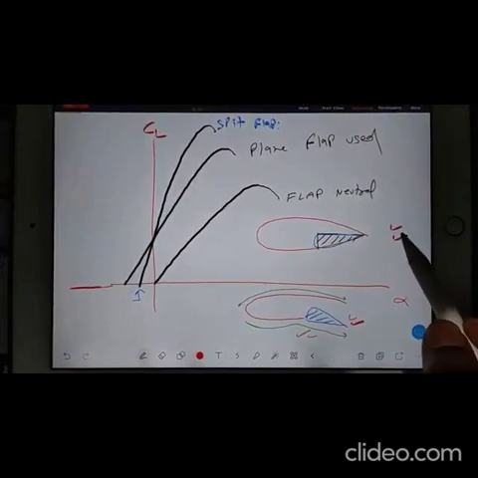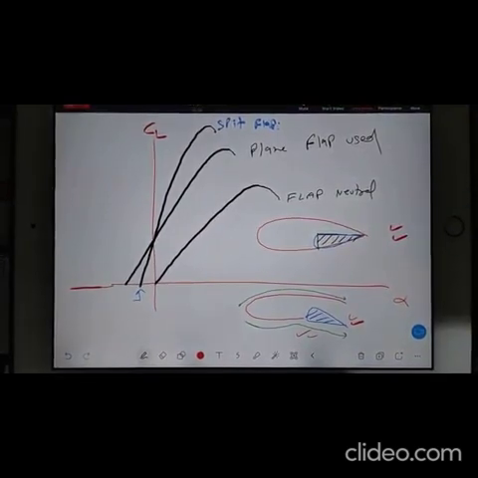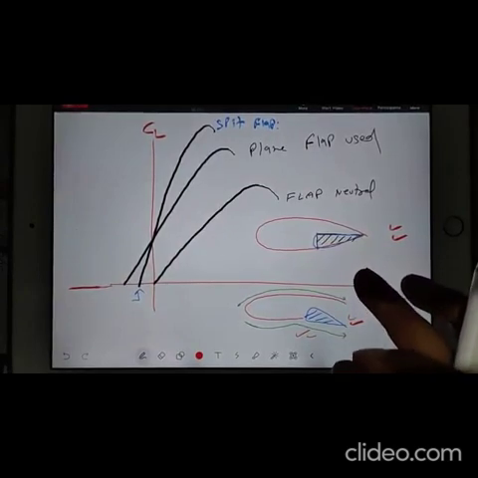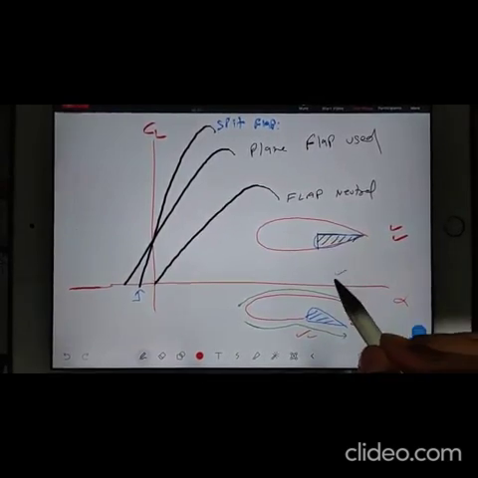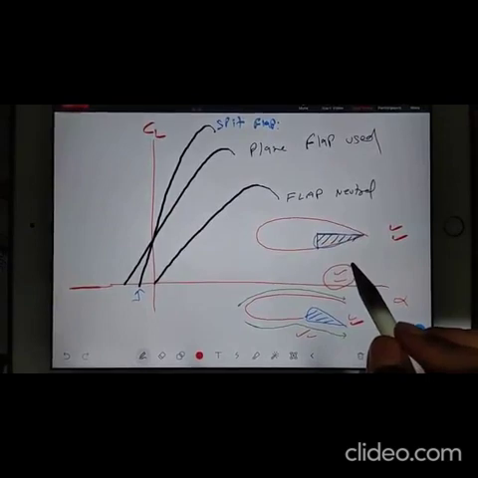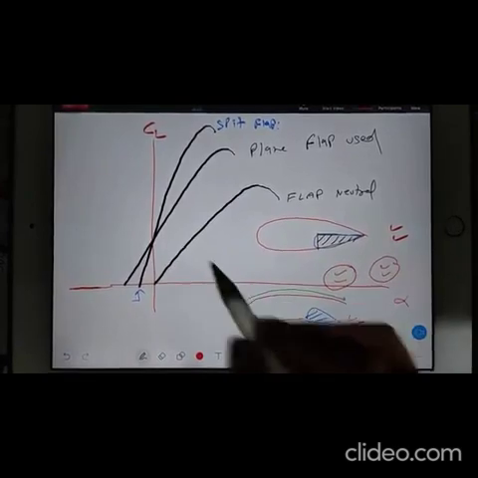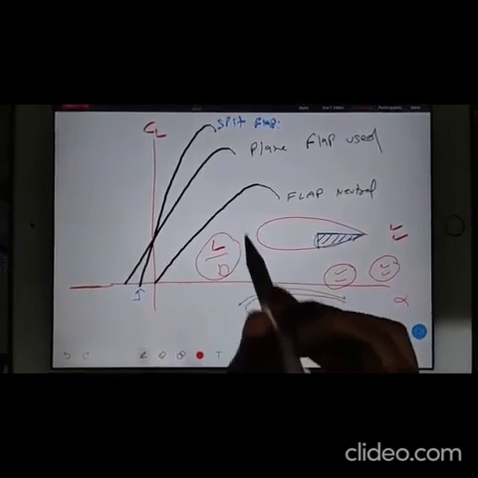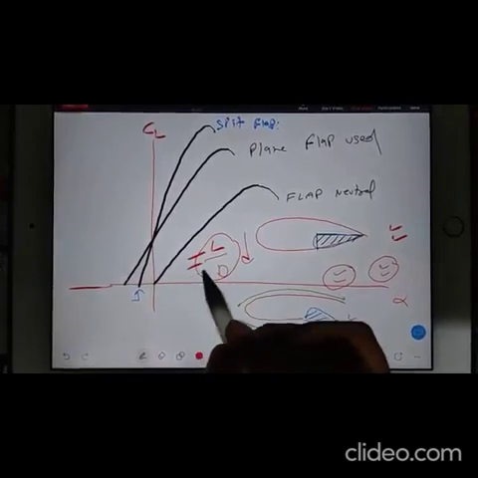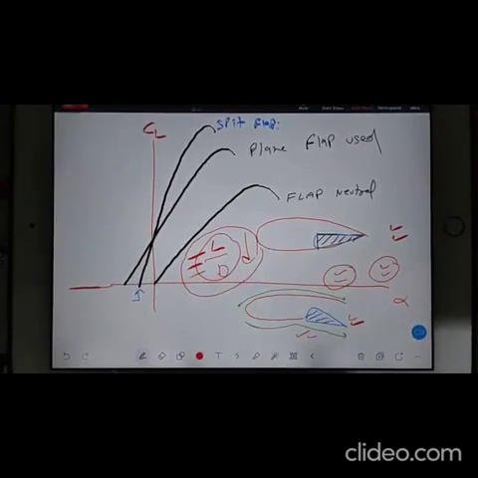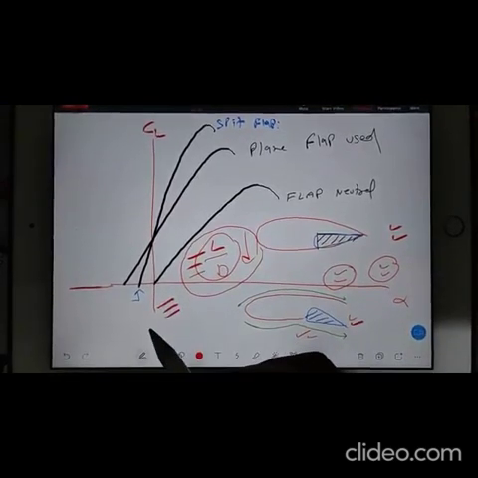plain flap. In plain flap, you have some advantages. What is the main advantage? The camber effect will come so much. The increase in effective camber will increase lift. It will also increase drag. Because of that, your L by D ratio will decrease. L by D ratio is nothing but your efficiency, that is known as aerodynamic efficiency.